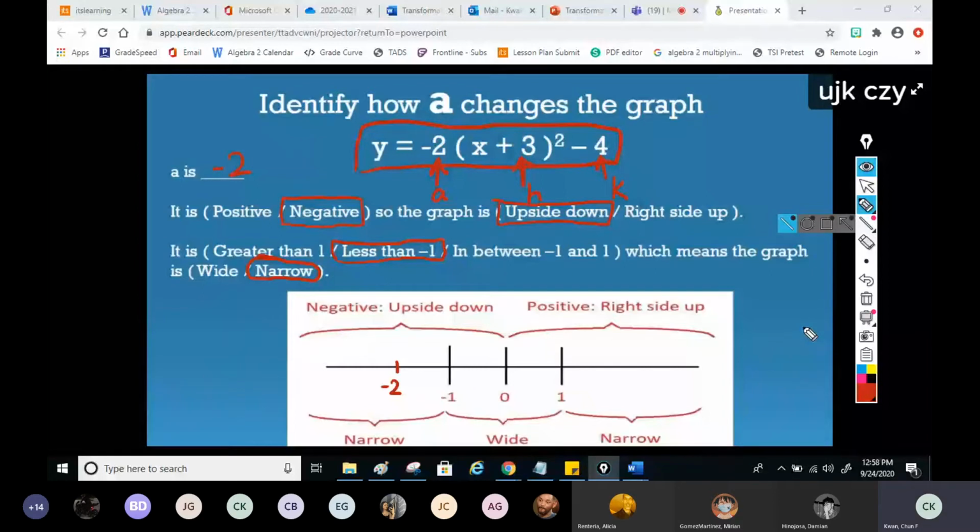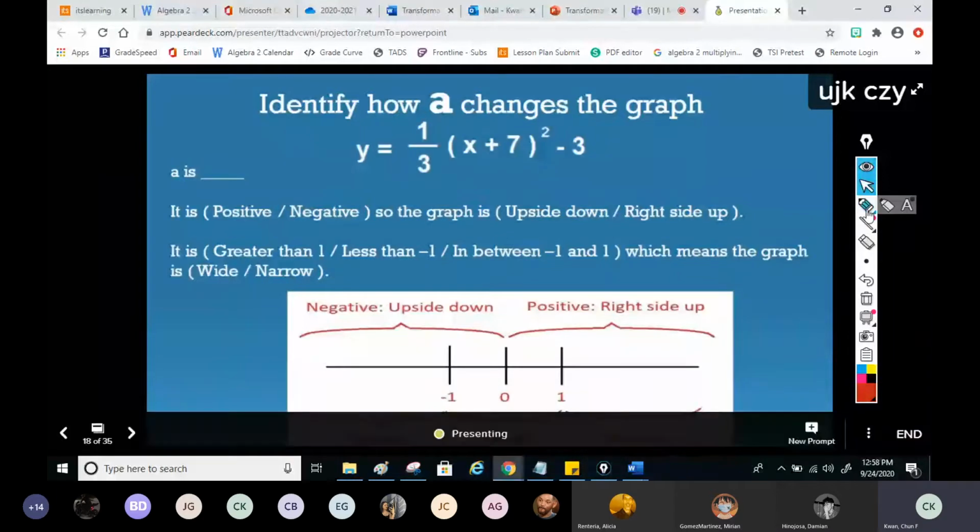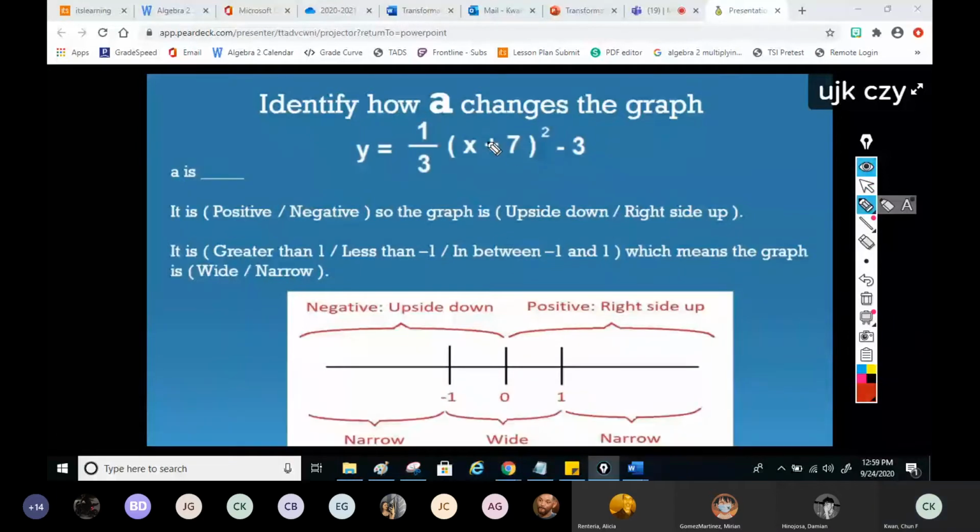All right, let's try another one. Right here, I am looking at this equation, and the A right here is going to be 1/3.